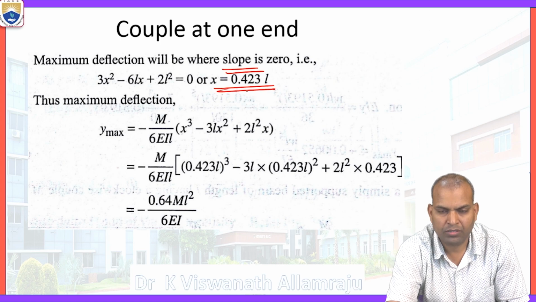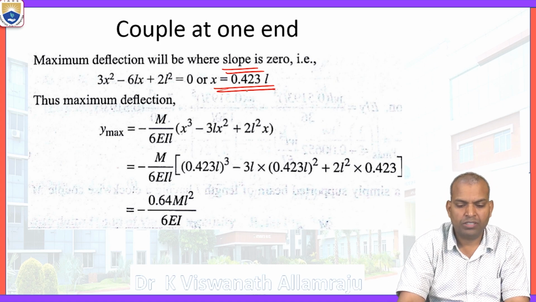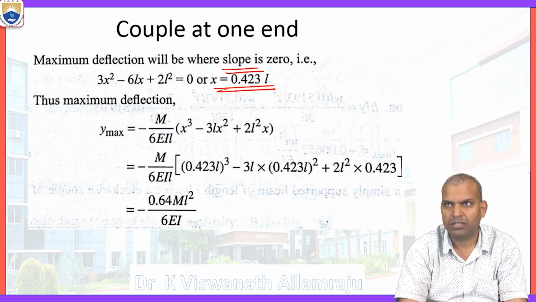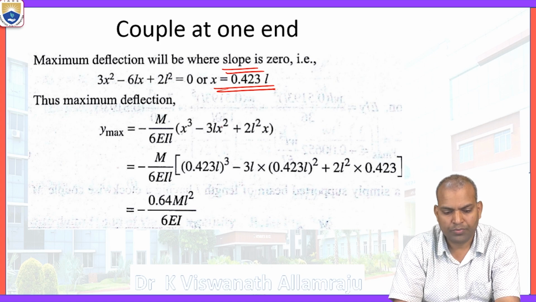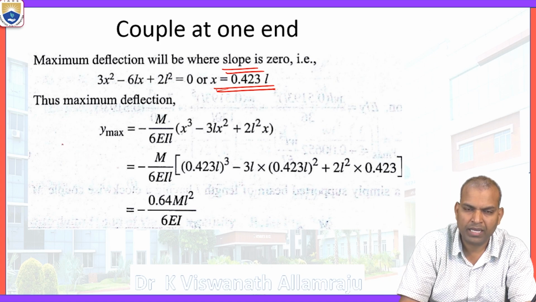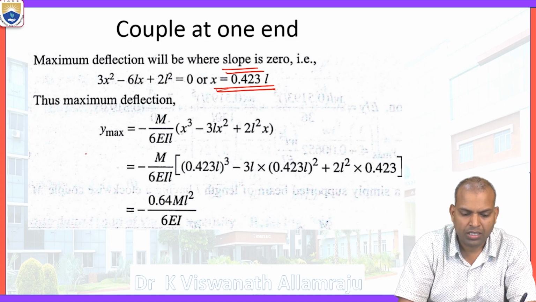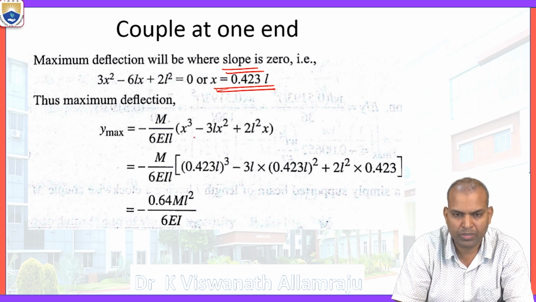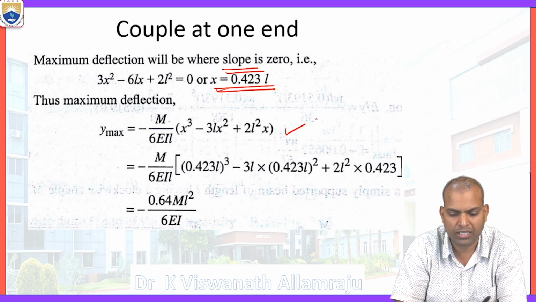From that, the x value comes as 0.423 times L. So substitute this x value in the deflection equation, then y maximum equals minus m by 6EI times x cube minus 3lx square plus 2l square x.